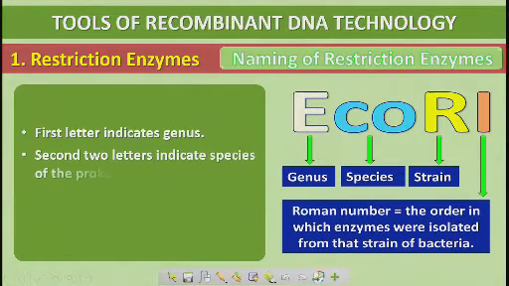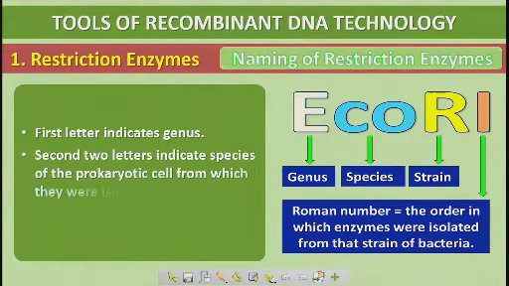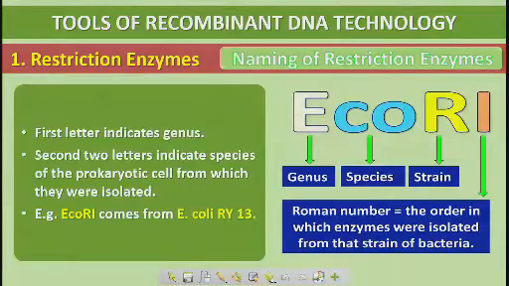The next two letters indicate the species of prokaryotic cells from which they were isolated. For example, EcoRI.